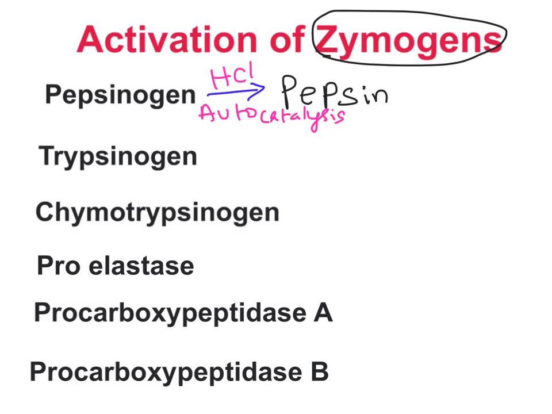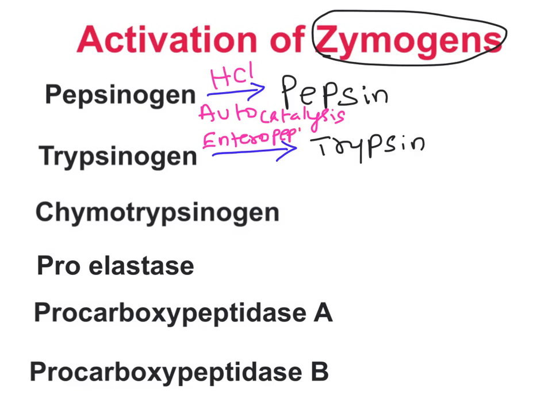Trypsinogen is a pancreatic enzyme, so it comes from the pancreas into the duodenum, and trypsinogen is activated into its active form, trypsin. Activation of trypsinogen into trypsin is done by a brush border enzyme called enteropeptidase.